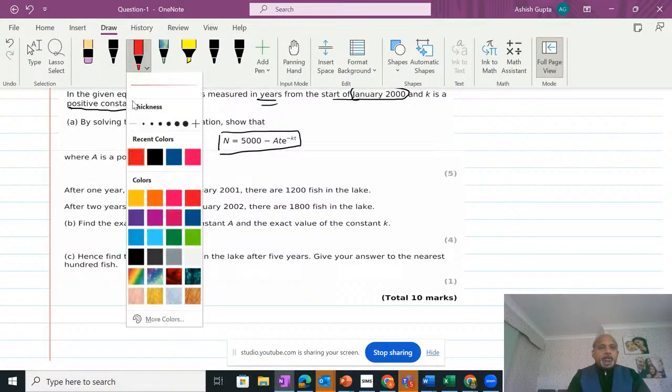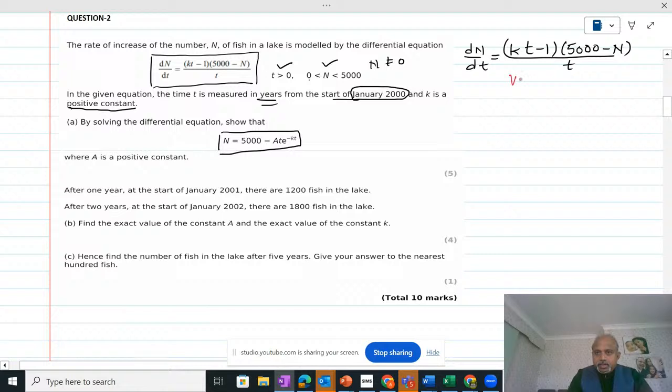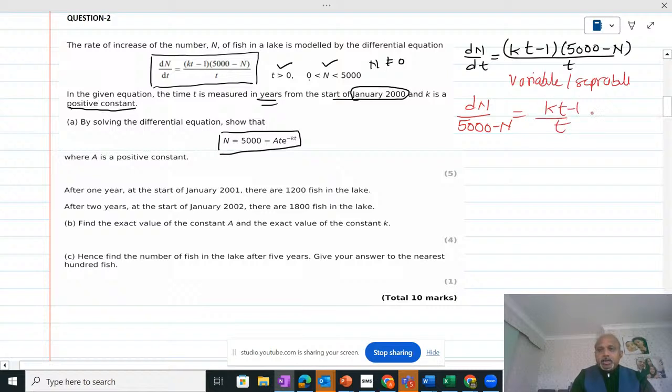Variable separable method means n goes with dn and t goes with dt. So we can write dn, bring 5000 minus n here, and (kt minus 1) divided by t in dt. You can see all t terms are with dt and all n terms are with dn. Now you can integrate both sides.